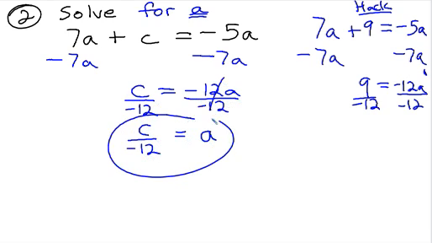All right? This next one I want you to try on your own. If you're watching the YouTube video, I want you to pause the video and try it on your own.